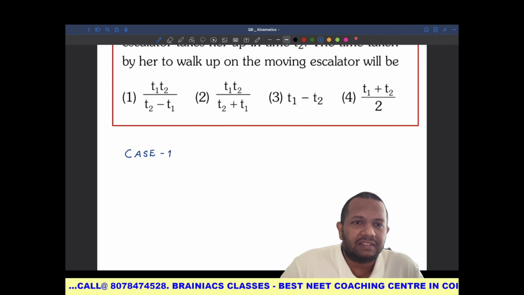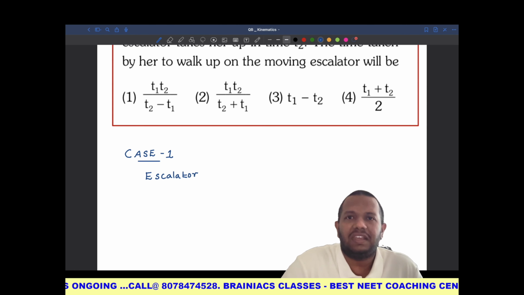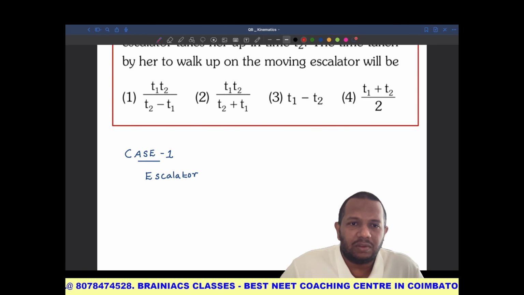So who will be moving? The escalator is stationary, so it is not moving. Now what about Preeti? We know that Preeti is moving.